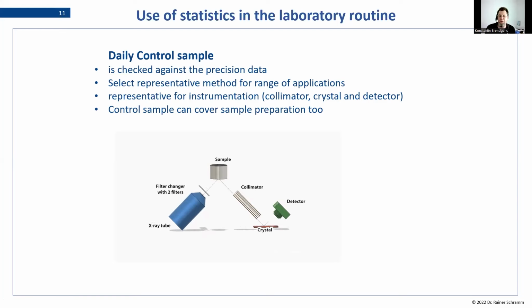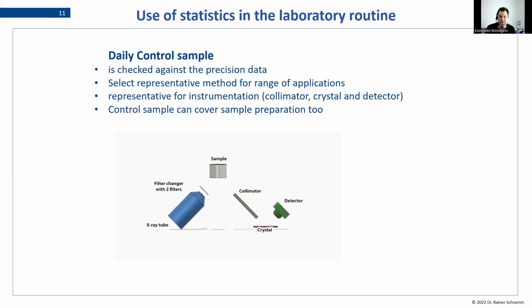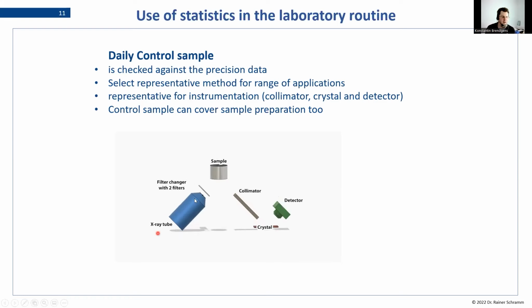And if we make a good selection here, if we select a representative method, actually I have to point here, sorry, I was looking at the other screen. If we select a representative method, this can actually also check the control box for our spectrometer, because we're basically taking one sample, measuring it regularly, and checking if everything inside our spectrometer is still working as yesterday, last week, and so on.